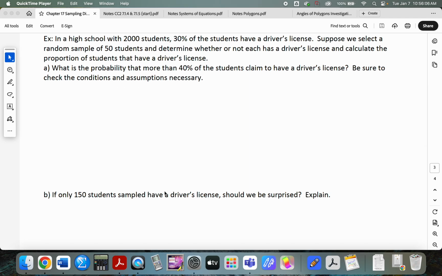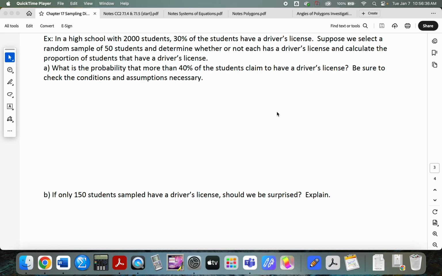So we've got a high school with 2,000 students. 30% of the students have a driver's license, which is probably a reasonable number in any given high school, right? If you're doing 9 through 12. Suppose we select a random sample of 50 students and determine whether or not each has a driver's license and calculate the proportion of students that have a driver's license.